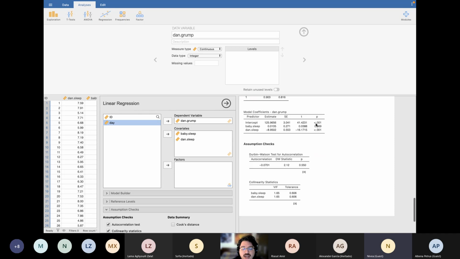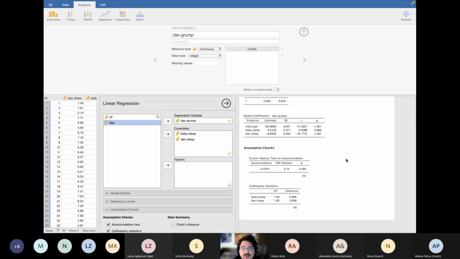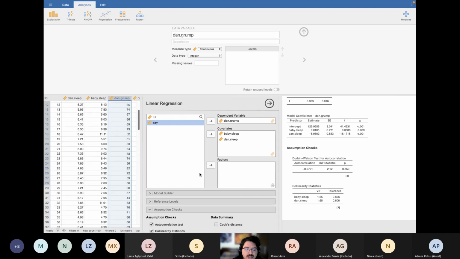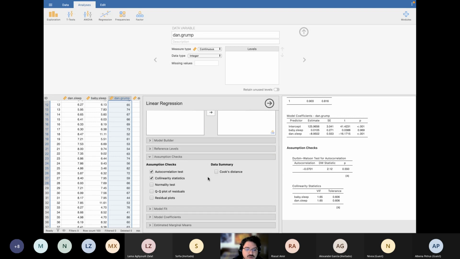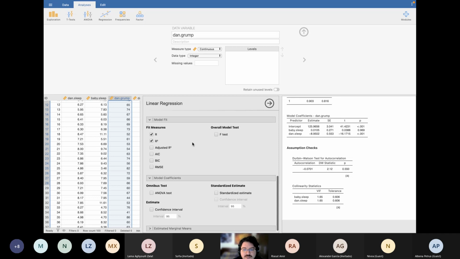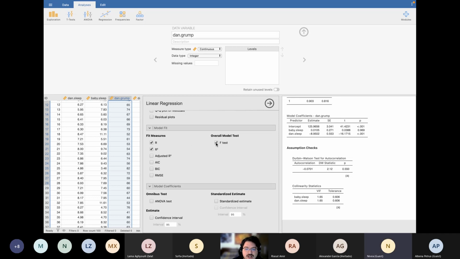Then you selected covariates, baby sleep and Dan sleep. But before we move on, go to the options. Scroll down in linear regression to model fit. Here you would like to have the F test, which says overall model test.